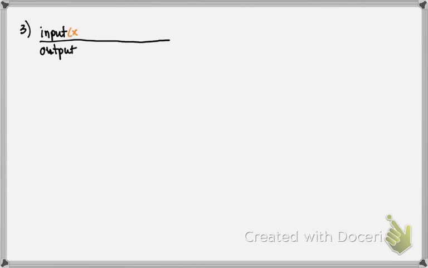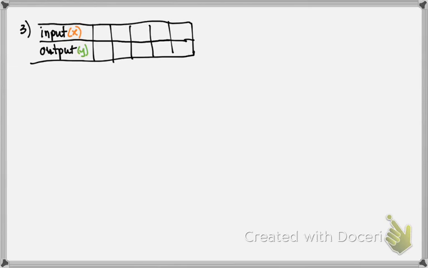So this is our x, and this is our y. Okay, and then we have 1, 2, 3, 4, 5. And then my input values are 1, 2, 3.